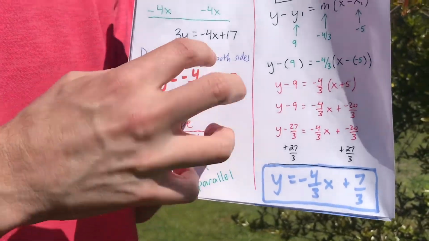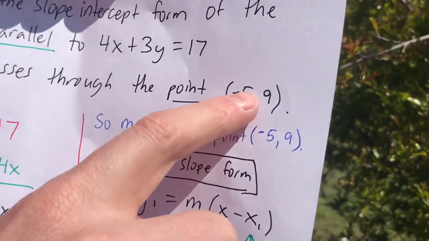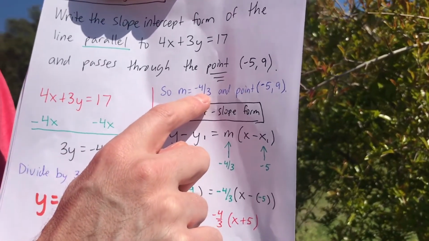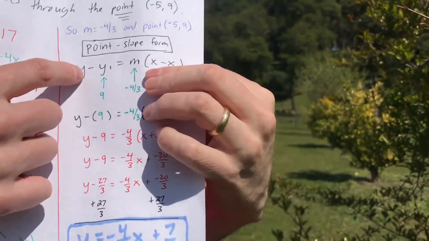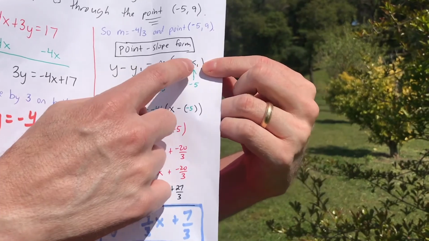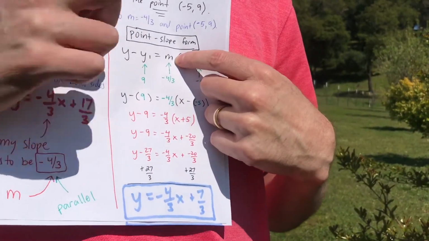It's the same slope. So I'm going to steal that slope, and then I have to use that point, negative 5, 9, because they want something parallel. Parallel means same slope through that point. So negative 4/3 is my slope, and my point is negative 5, 9. So I grab my point-slope form, y minus y1 equals m times x minus x1, where my slope is negative 4/3 because it has to be the same slope.